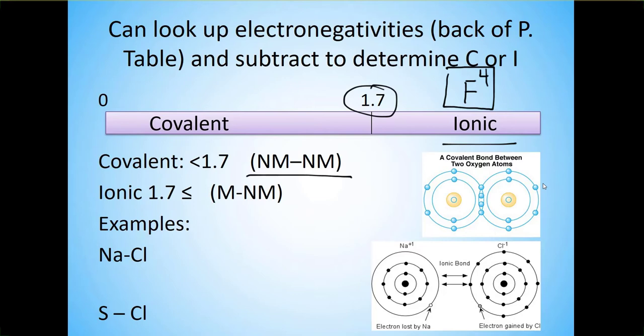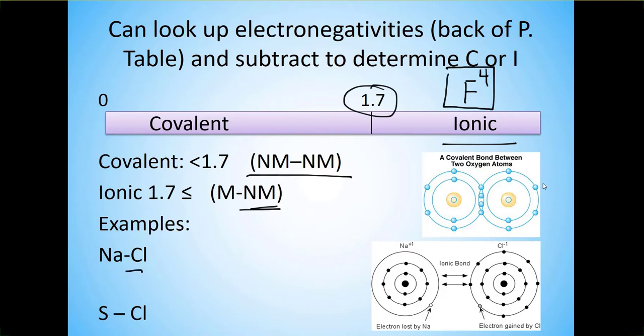Because they're going to be very, very similar, their difference in electronegativity is going to be very low. Ionic, they'll be very different because nonmetals are more powerful, and they will take the electrons in the bond, making an ionic bond. So for an example here, we can look up sodium and chlorine.